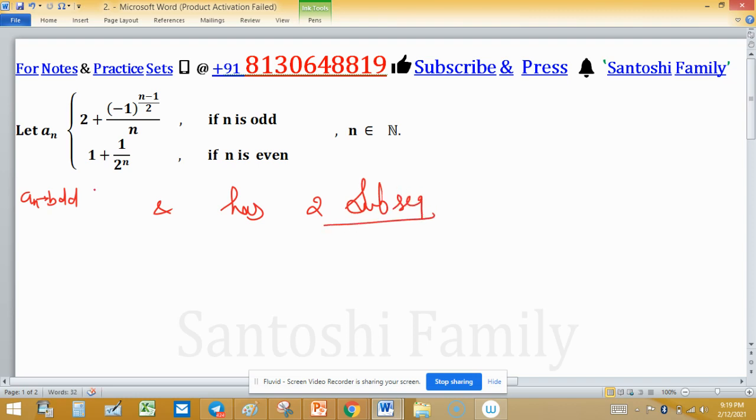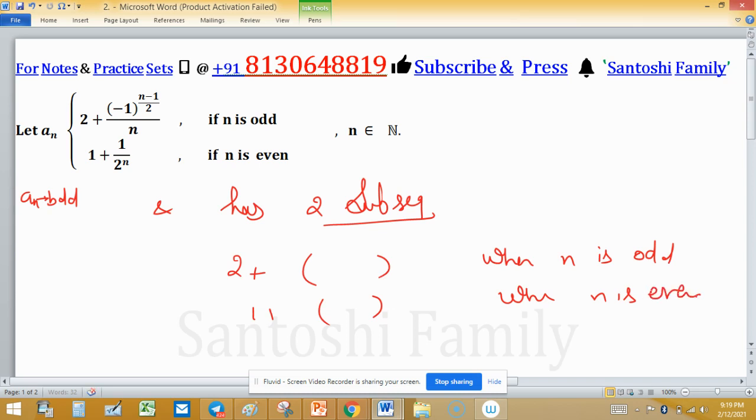Many subsequences a sequence can have, but the largest subsequences are these two: 2 plus something when n is odd, and 1 plus this type when n is even. So the limit of this subsequence will be 2 and the limit of this is 1.